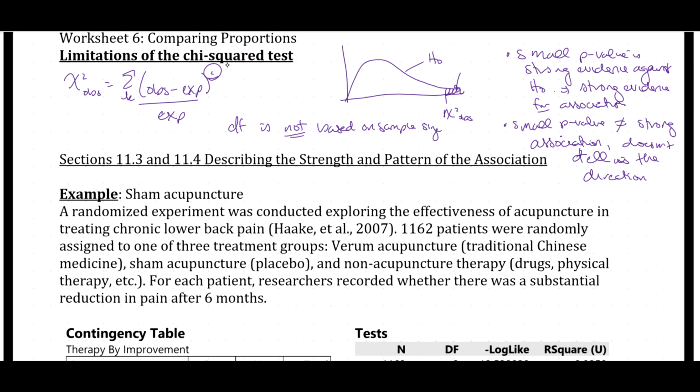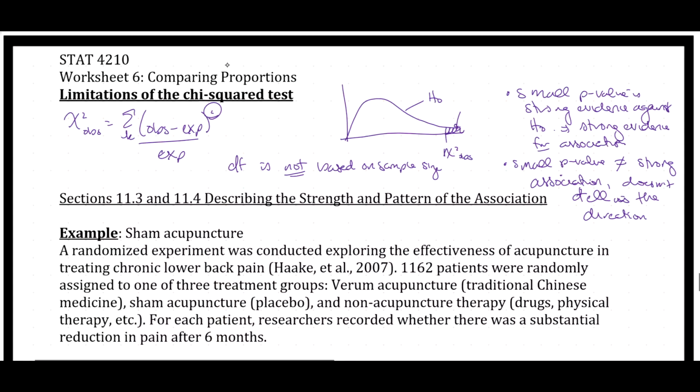And another huge caveat, and this is something to bear in mind for all hypothesis tests, not just these: small p-values do not prove association. We have never proven anything in this class or any others, so we can't prove anything with statistics.